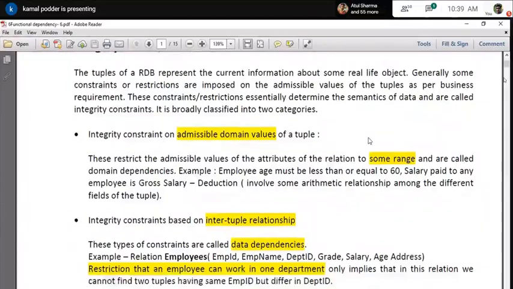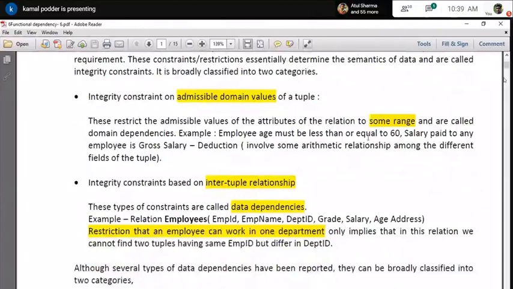The most important one is the integrity constraint on admissible domain values. While creating a column, you provide the data type, which is nothing but restricting the value based on a certain rule. If I say it is an integer, it will not allow you to enter a string value, or vice versa.